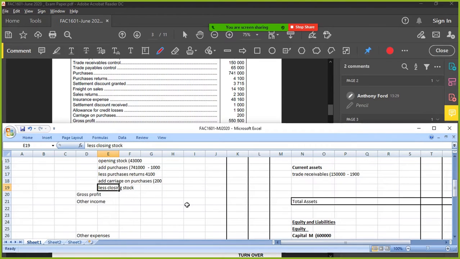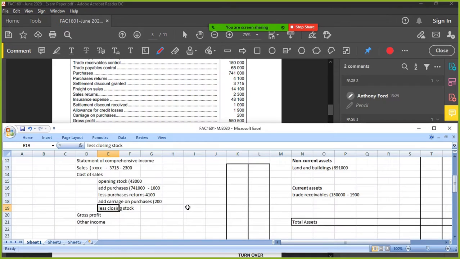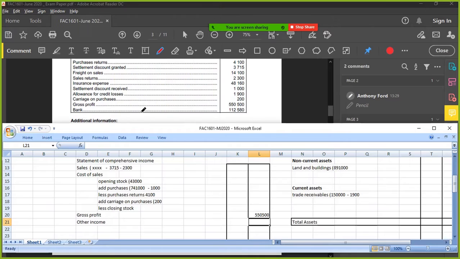Gross profit is given as, okay, that's odd to give you that amount, but anyway. 550,500. Okay, it's probably because they didn't give you sales. That's why. Okay. Bank is an asset. Yeah, it looks positive. All right, there we go.